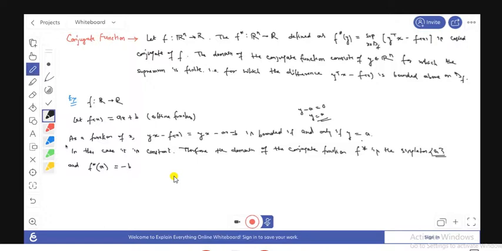Okay. Similarly, let us take an example where f of x is a logarithmic function, suppose we take minus log x. What is the domain of this f?